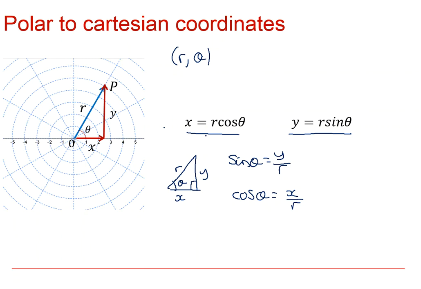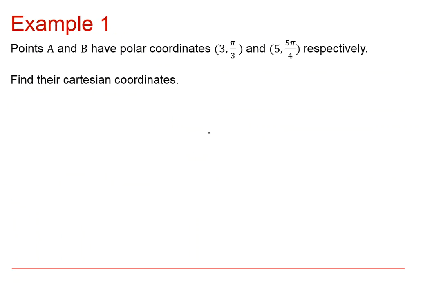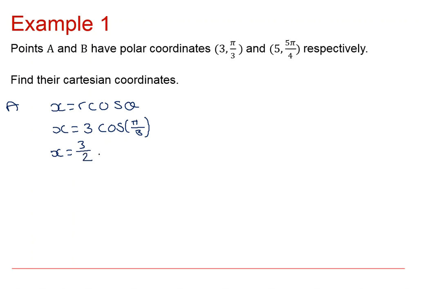Okay, so here we have 2 points, A and B, and we want to find their Cartesian coordinates. So let's start first of all with point A. We know that x equals r cos theta, so x is going to be 3 cos pi by 3, so x is 3 over 2.